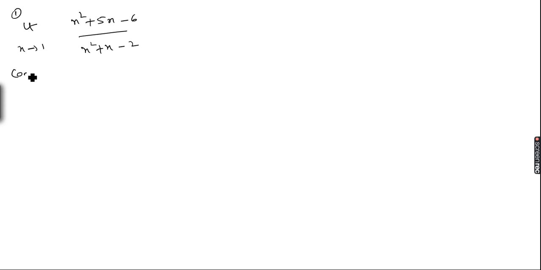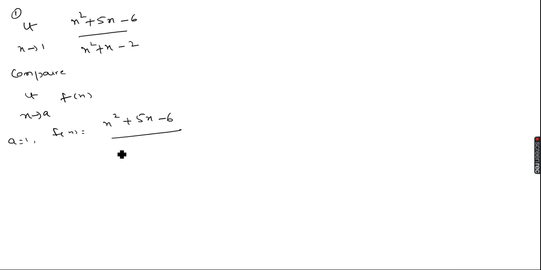So we compare with limit x tends to a of f of x. Therefore a equal to 1 and f of x equal to (x square plus 5x minus 6) by (x square plus x minus 2).